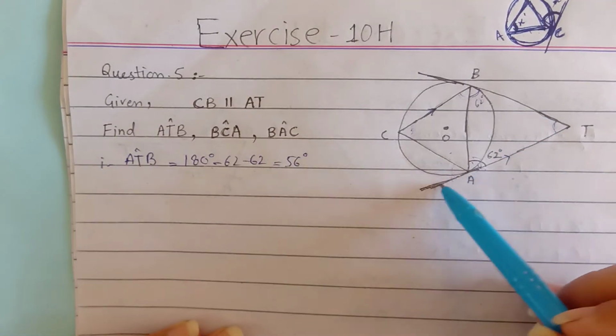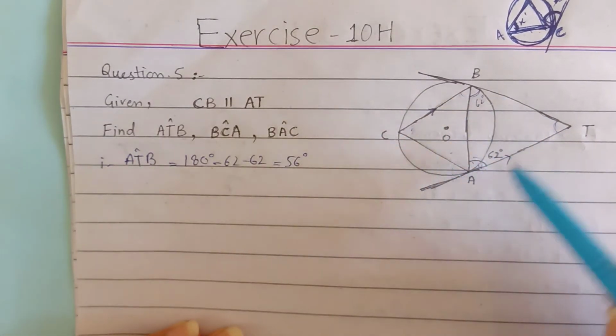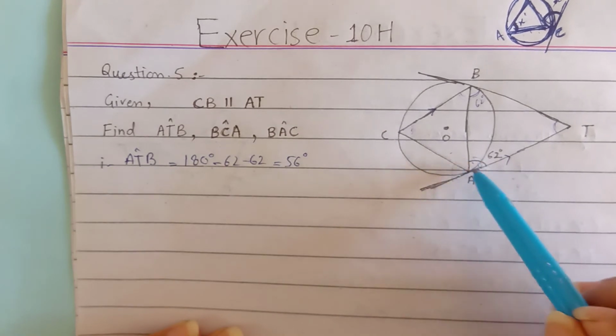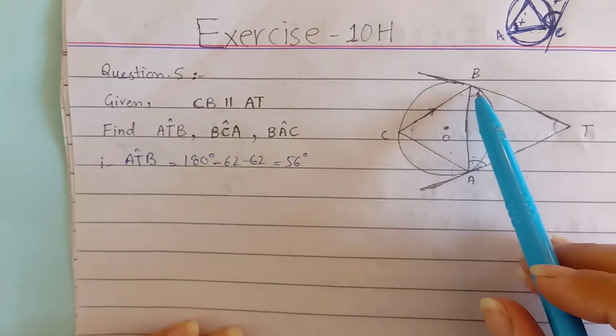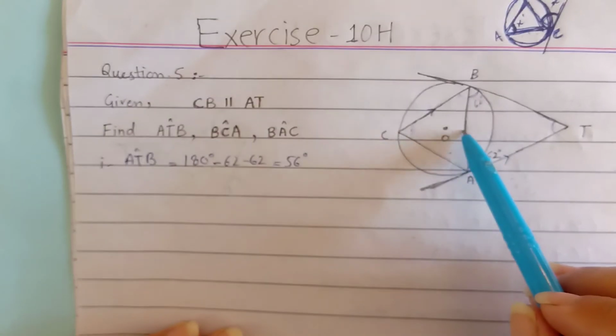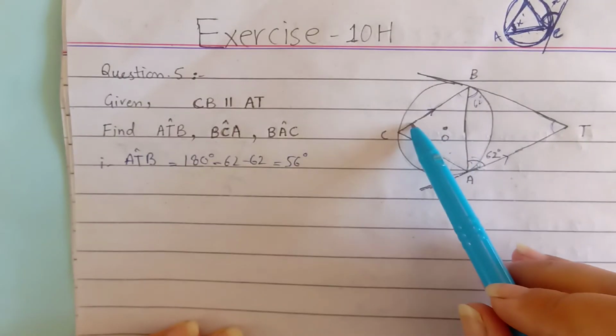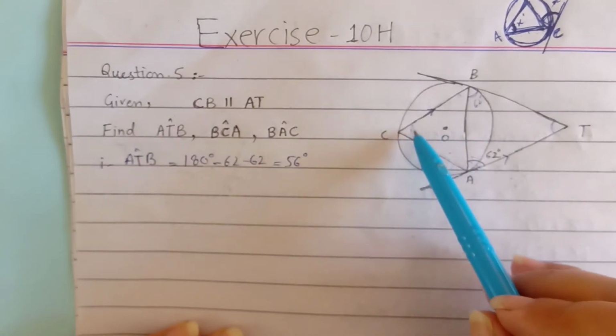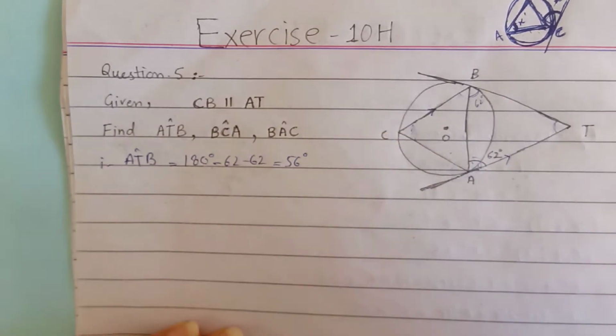So if you look at this circle again, if this angle is 62 degrees, then this is the side, and the angle opposite this side is this one, at point C. This angle will also be equal to 62 degrees.